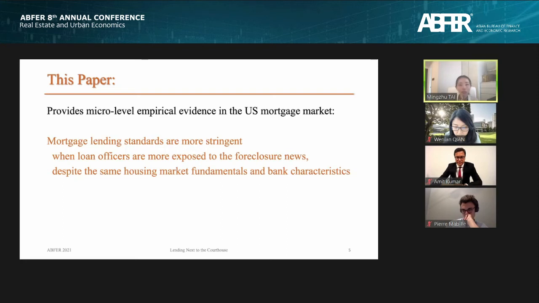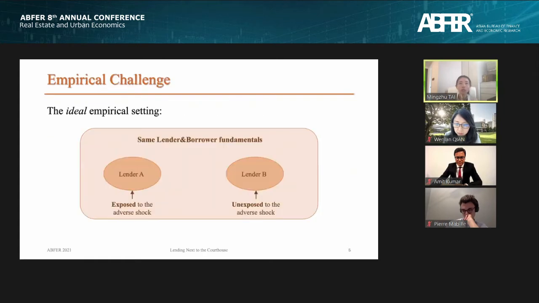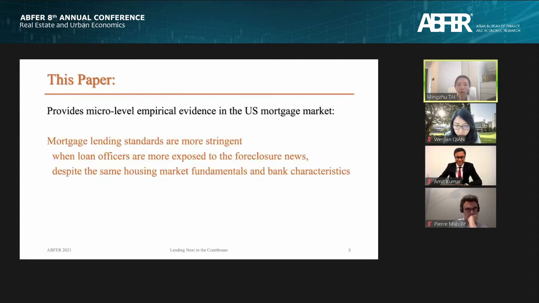So as we can see here, the main challenge in our empirical setting is to make sure that we can separate the micro-level channel, which impacts the lending decision makers, from those macro-level channels, which impact the fundamentals of lenders and borrowers. An ideal setting would be to compare two lenders, one exposed to news about the adverse shock, while the other is not.